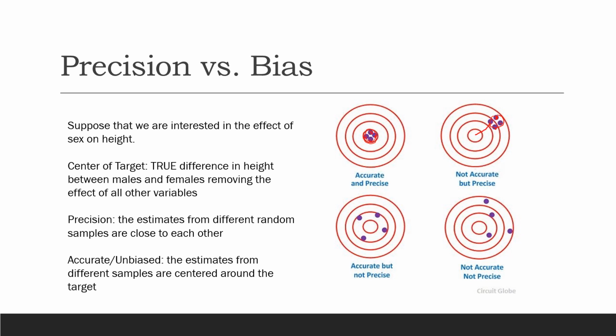In the bottom left corner, we see results that are spread quite far apart, so they're not that precise, but they are centered around the target value, which makes them accurate or unbiased. And in the bottom right corner, we see results that are spread far apart, so they're not precise, and they also are not centered around the target, so they are biased.